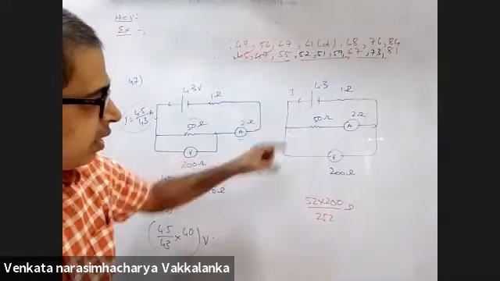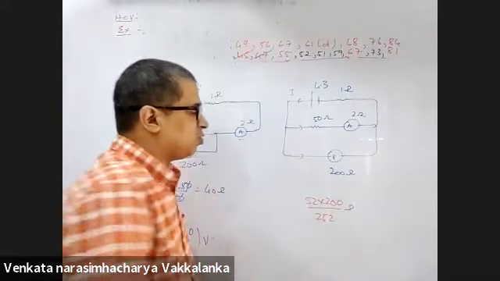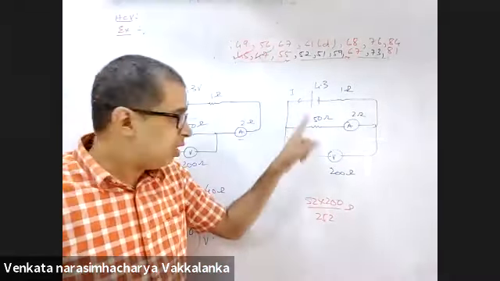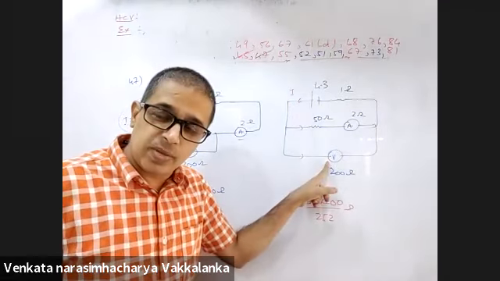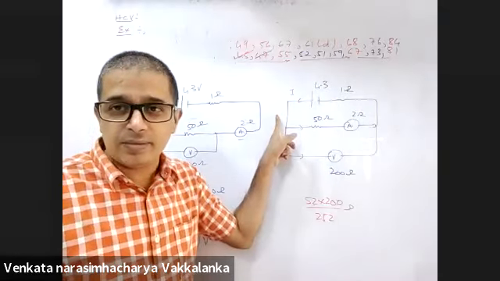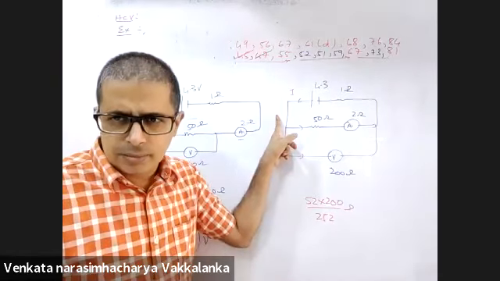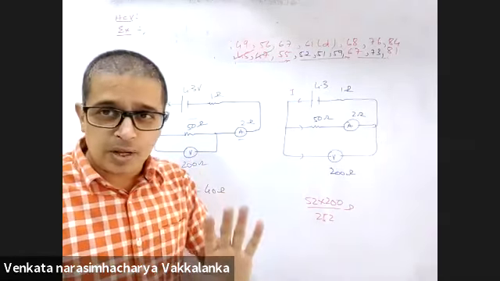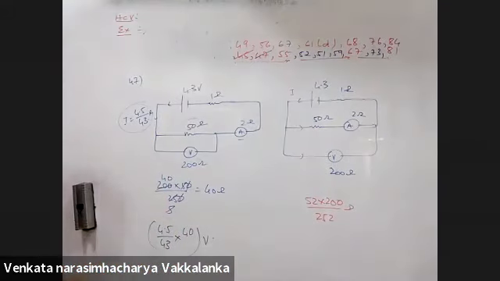The incoming current, can I split into these both branches? Current in this branch will be the resistance in the opposite branch divided by the sum of both the resistors into the incoming current. Yes, sir. Can you do it now? Make it fast. Tell me if you're getting the answers or not. Use a calculator.